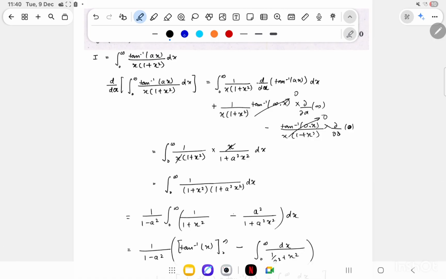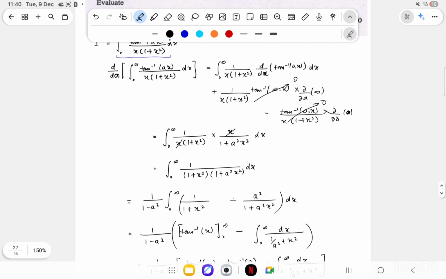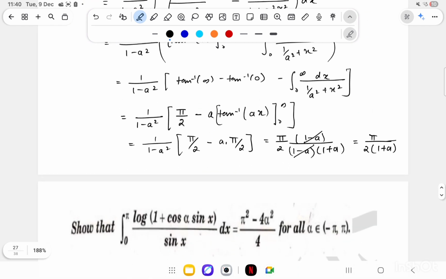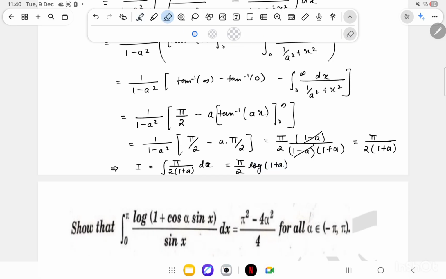Now if you observe, we got pi by 2 times 1 plus a as the value of the differentiation of this integral, but we are supposed to solve this. So what we'll do is we'll again integrate it with respect to a to get the required value. So if I do so, my I will be equal to integration pi by 2 times 1 plus a dA, which will be equal to pi by 2 log 1 plus a, and that's the final answer.